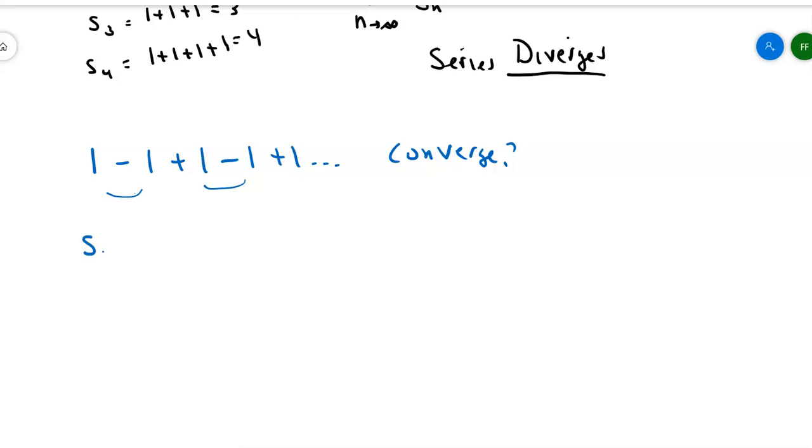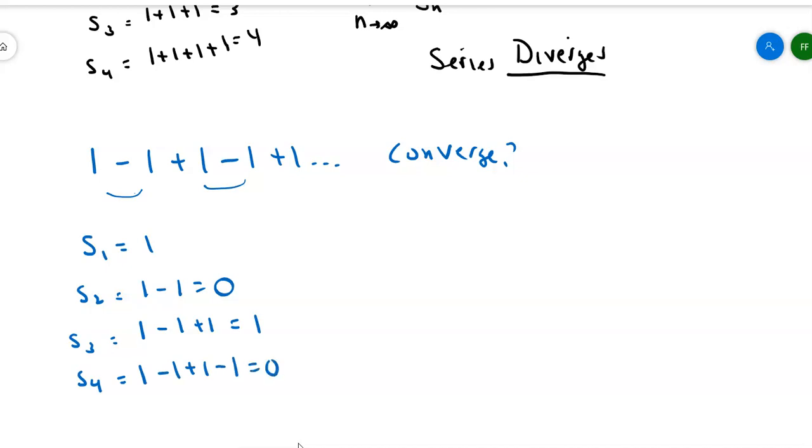Let's look at the partial sums. First partial sum is 1. The second partial sum is 1 minus 1, which is 0. The third partial sum is 1 minus 1 plus 1, which is 1. The fourth partial sum is 1 minus 1 plus 1 minus 1, which is 0.